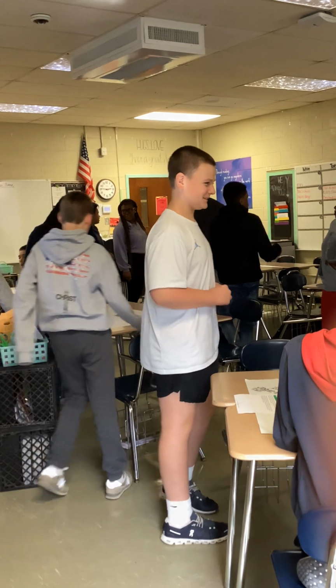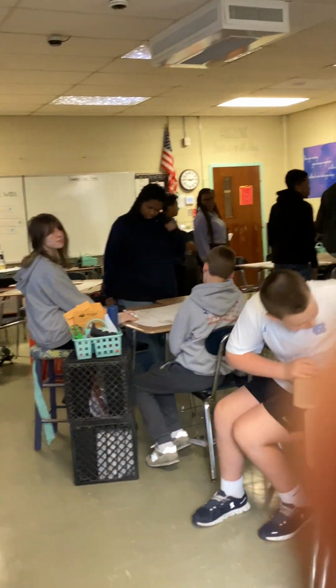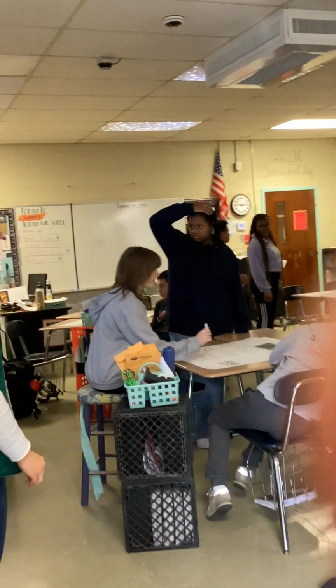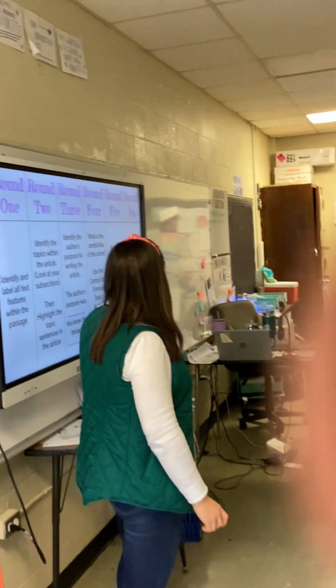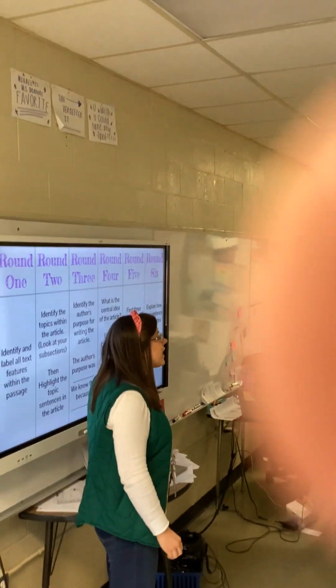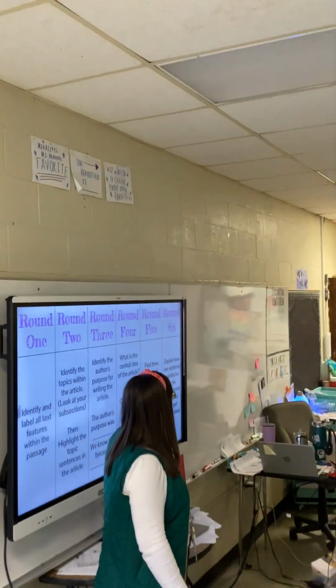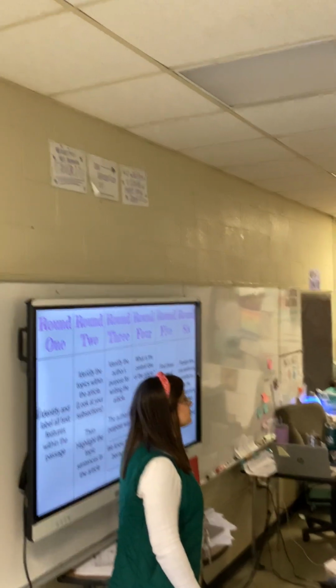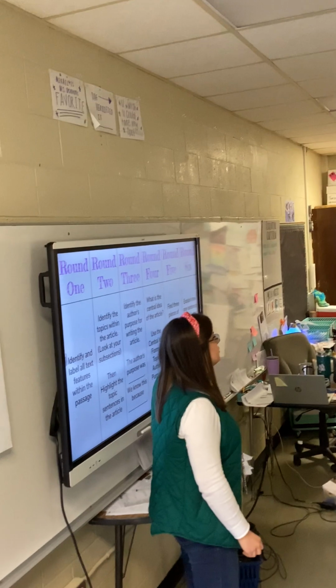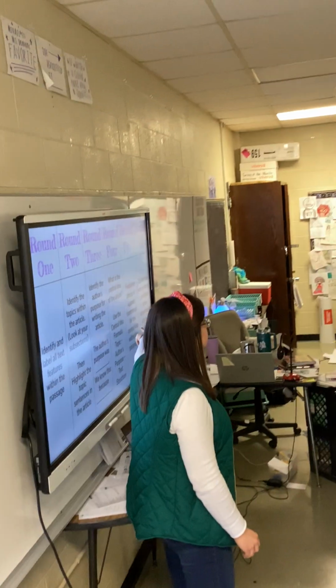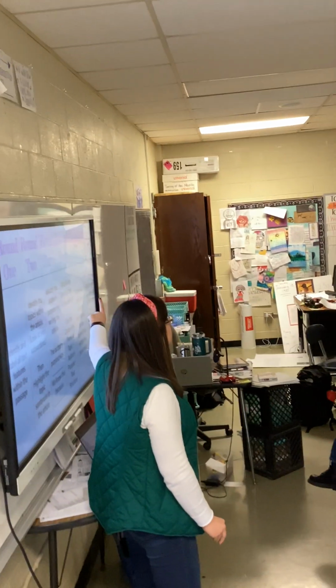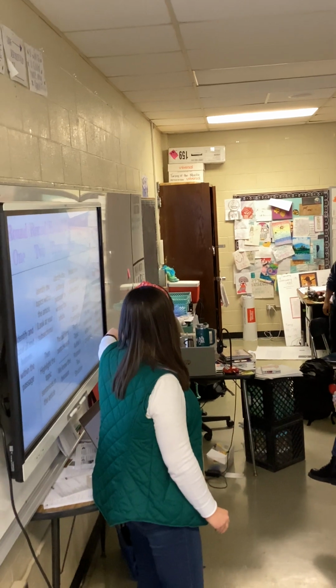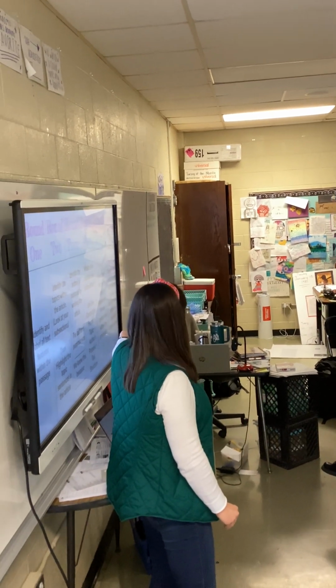Alright. We are now in round 5. For round 5, you're going to find 3 pieces of textual evidence. Group 4, y'all listen. You're going to find 3 pieces of textual evidence to support the central idea.